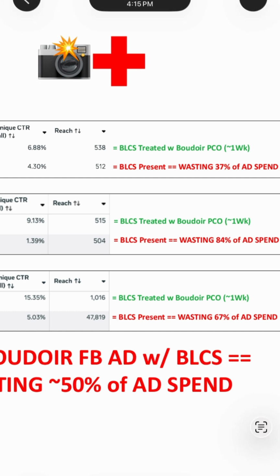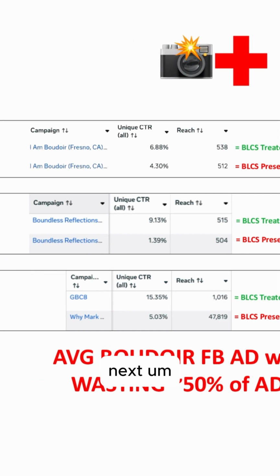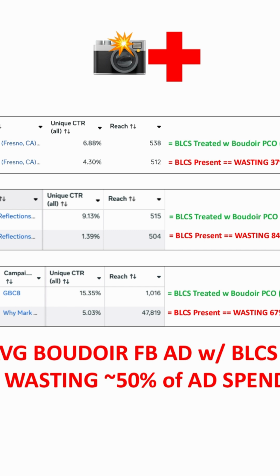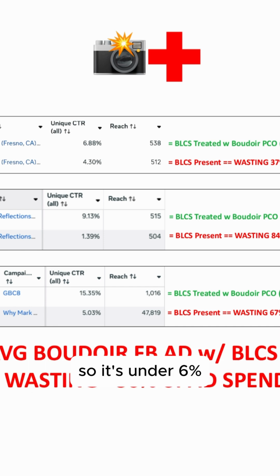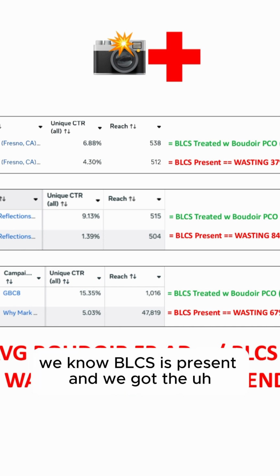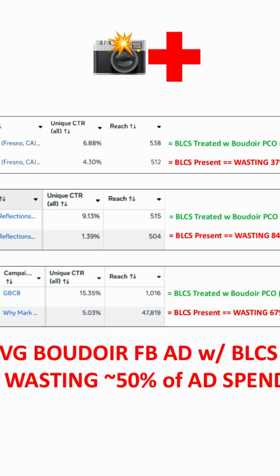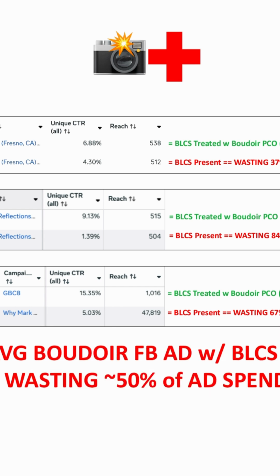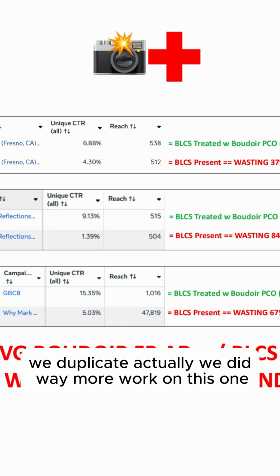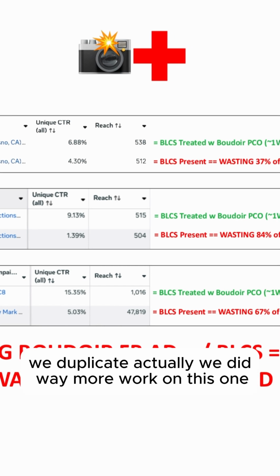Next, I had a patient whose Boudoir Facebook ad had a 5.03% unique CTR, so it's under 6%. We know BLCS is present. Well, actually, we did way more work on this one.